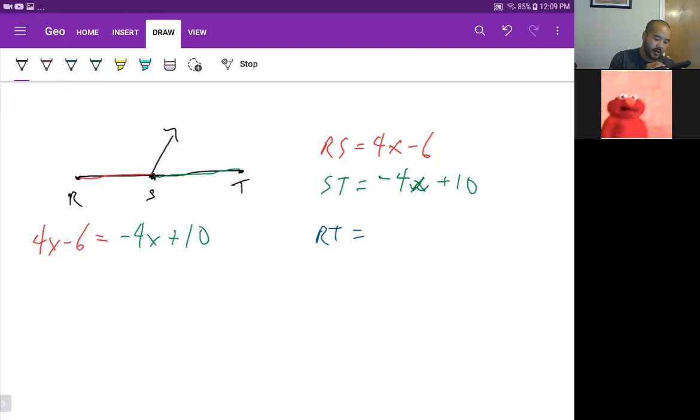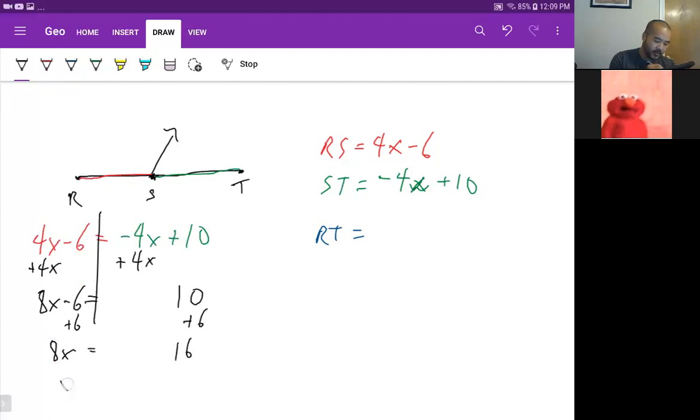Then you just do the math here. Plus 4x on both sides, you have 8x minus 6 equals 10. Add 6 to both sides. You have 8x equals 16. Divide by 8, x equals 2.